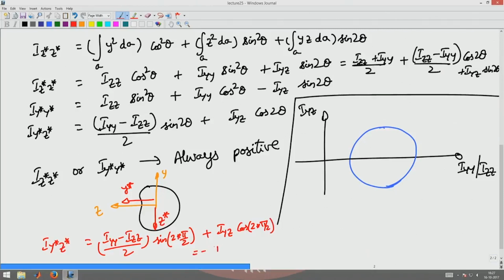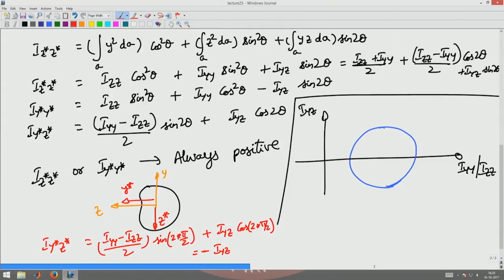Because sin pi is 0 and cos pi is minus 1, this is minus Iyz. So if Iyz is positive, Iy*z* will be negative. If Iyz is negative, Iy*z* will be positive. So there is a flip in sign for a 90 degree rotation of the coordinate system.